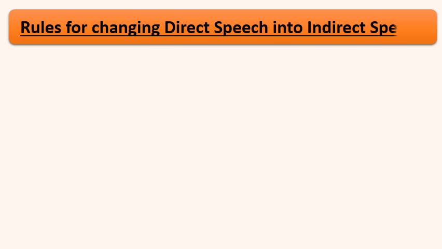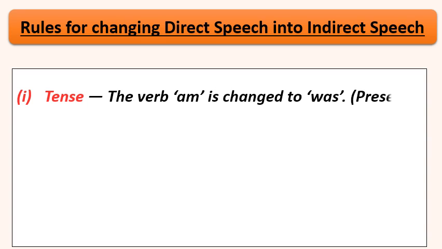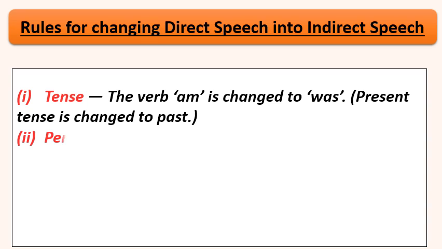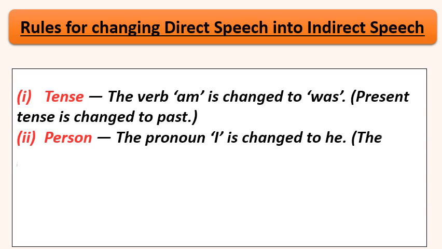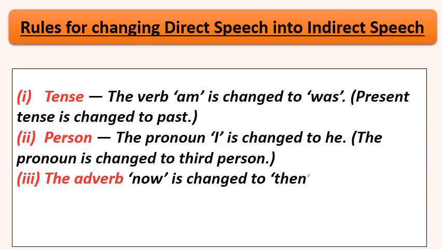So students, there are certain rules for changing direct speech into indirect speech. Number 1, tense. The verb am is changed to was, means present tense is changed to past. Number 2, person. The pronoun I is changed to she, that is, the pronoun is changed to third person. Number 3, the adverb now is changed to then.